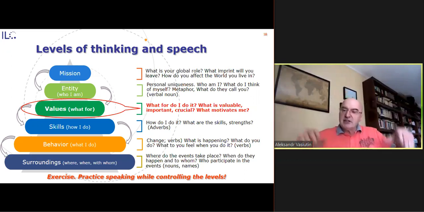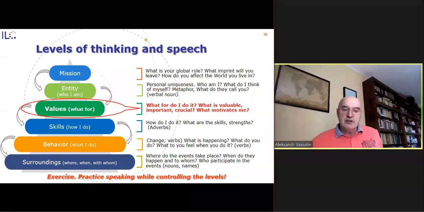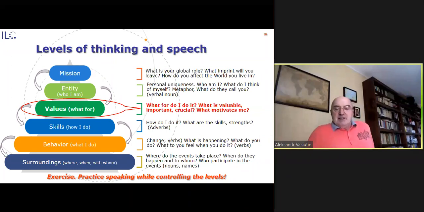This is the level of our desires, of our wishes. This is the level where a butterfly waves its wings. And I can tell you the following.